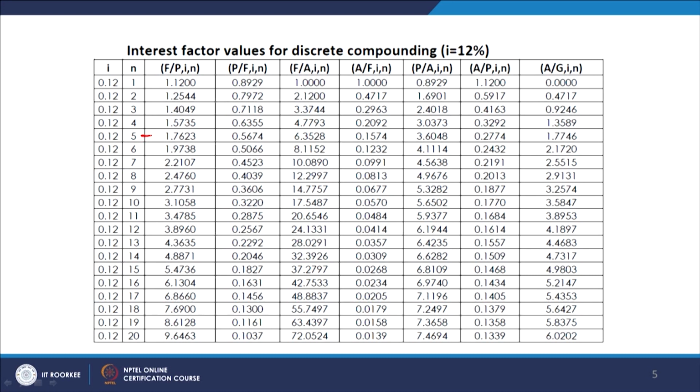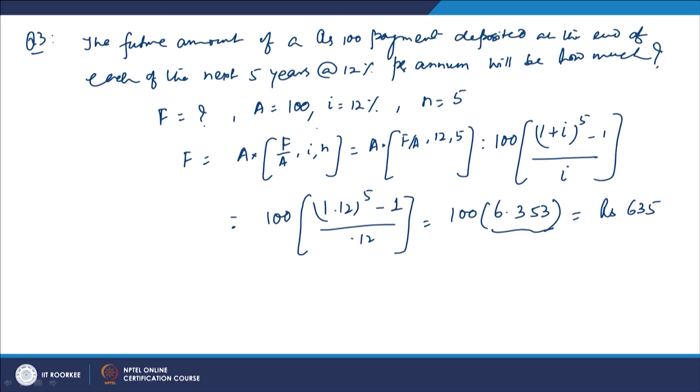This is your 5 and this is your F by A factor. So this you see, this is 6.3528. So 6.353 is taken, and that is how you get this 6.353. So directly you can have the value of 635. So that is how you get the future value calculation.